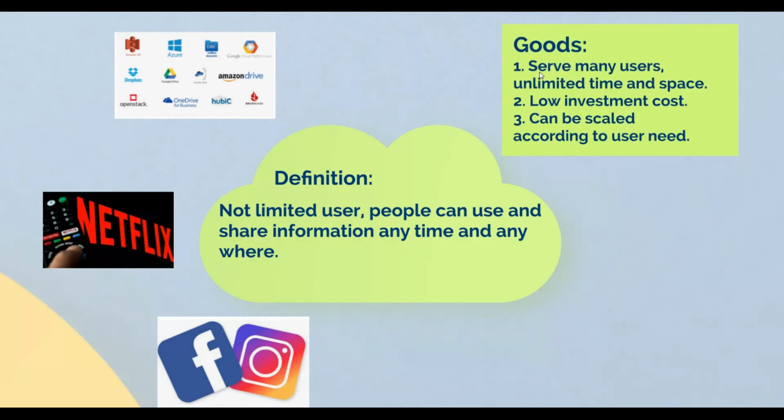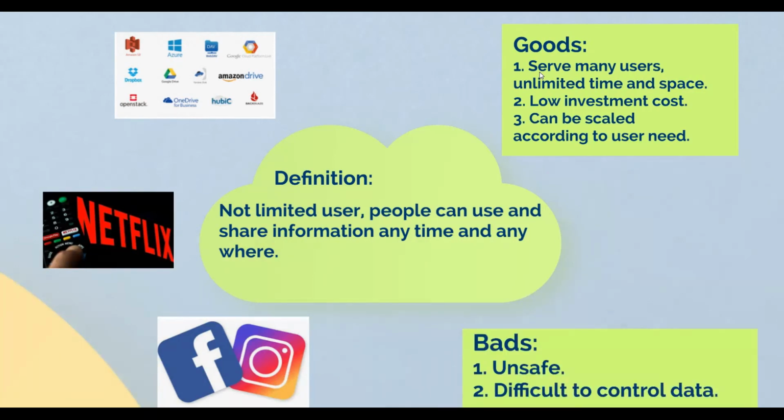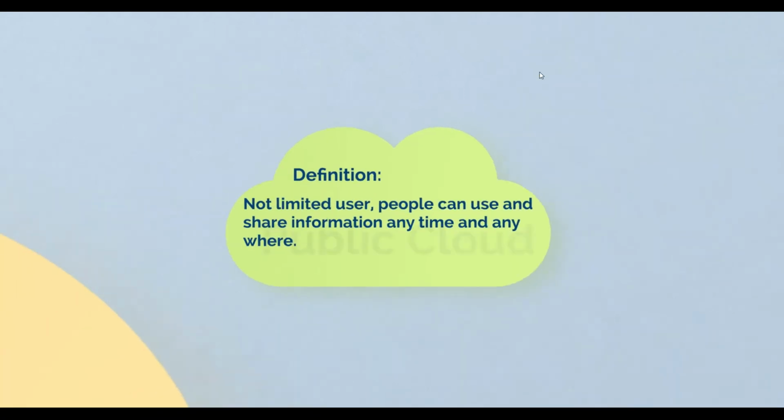The good sides of public cloud are that it serves many users, has unlimited time and space, has low investment cost, and can be scaled according to user needs. The bad sides are that it is unsafe and difficult to control data.